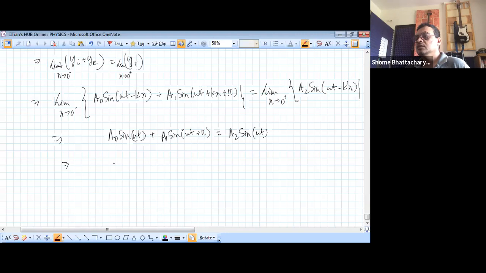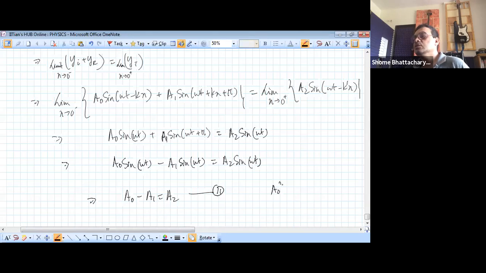So you can say that at any instant of time, E0 sin ωt minus E1 sin ωt must be equal to E2 sin ωt. So E0 minus E1 is equal to E2. That's our second equation, and our first equation was E0 square was equal to E1 square plus 2E2 square.